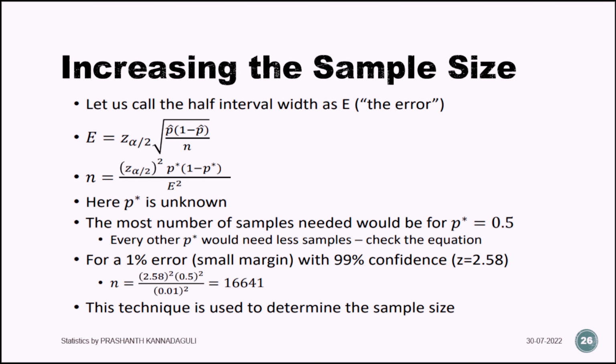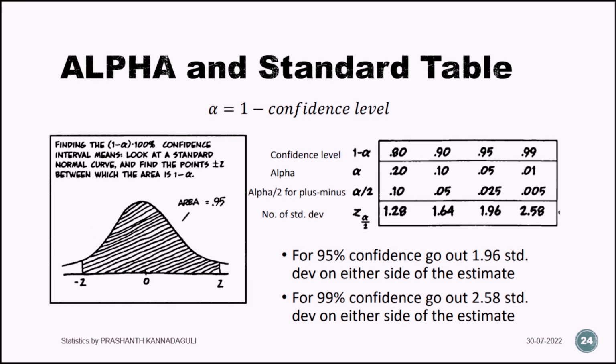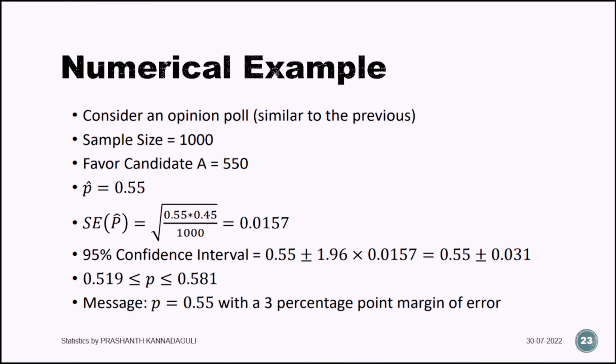So standard error is only one term. I'll just go back and show you that. See here, this 0.0157 is the standard error, SE. This total thing is the error, E.